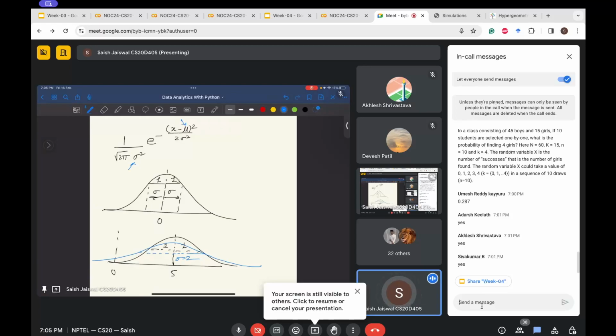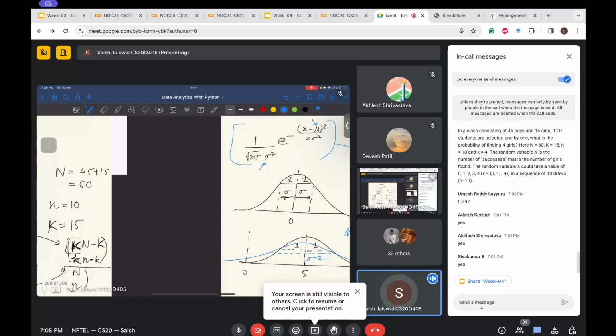Does that answer your query, Akhilesh ji? So the formula has a function, a curve which you can draw, and the shape of the curve will change based on the parameter values.